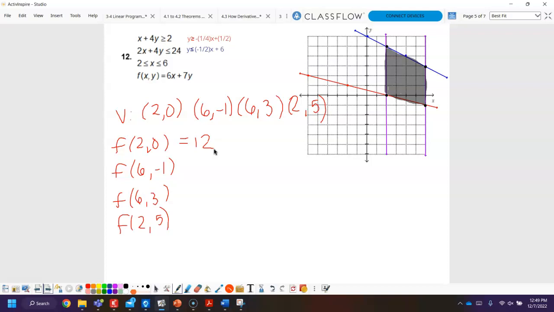Or you can even hit second enter and it will redo that problem. And then you can just retype on top of the numbers. So once I go up, I highlight it, I hit enter. Now I'm just going to type on top of the number 2 a 6. And then I'm going to type on top of the 0 a -1. So then I get 29.